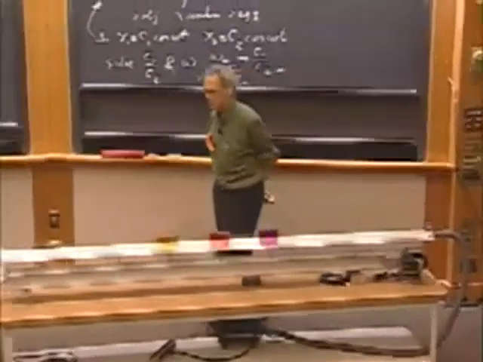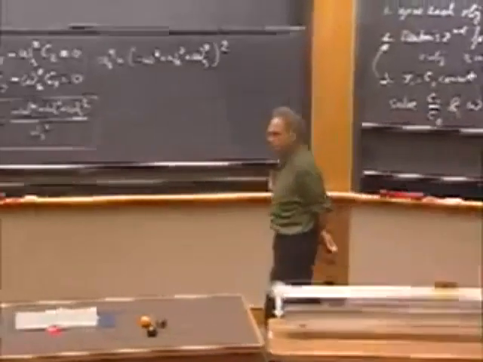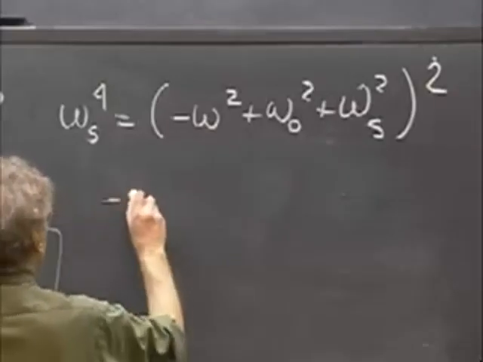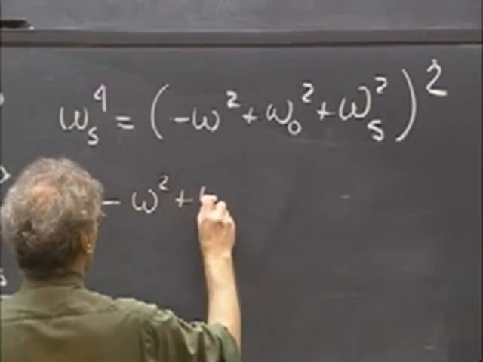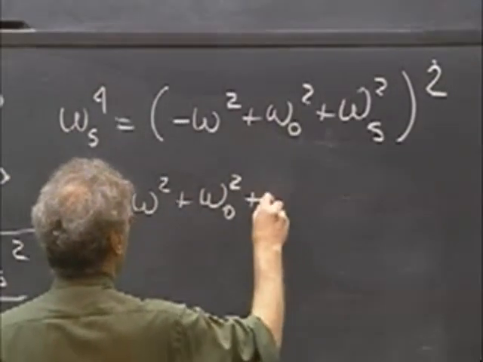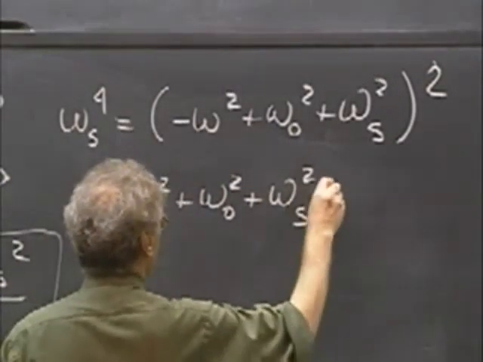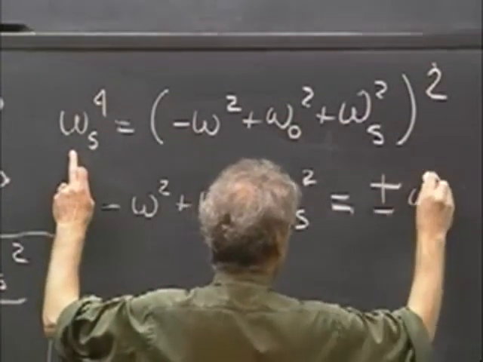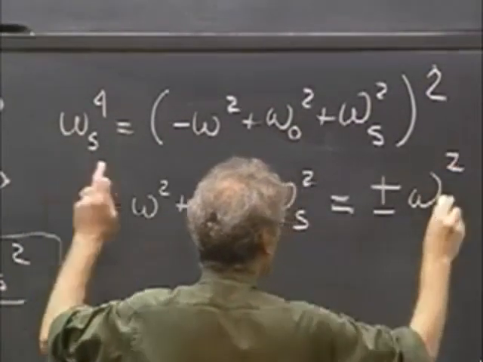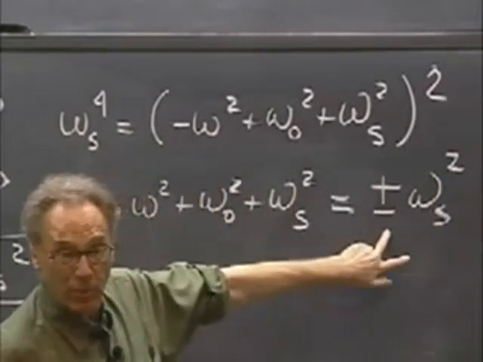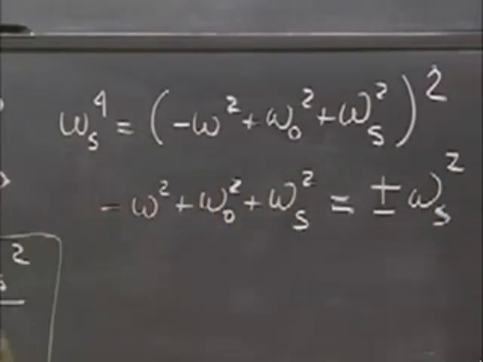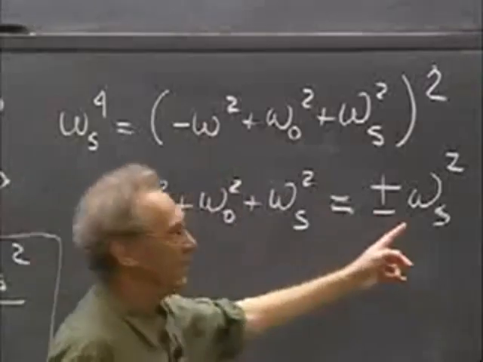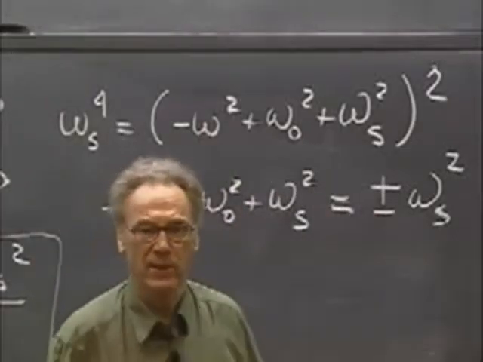Omega. It's the only unknown. Take the square root left and right. So I get minus omega squared, plus omega 0 squared, plus omega s squared, equals plus or minus omega s squared. Do not forget the plus or minus, because the square root of omega s to the 4th is plus or minus omega s squared.